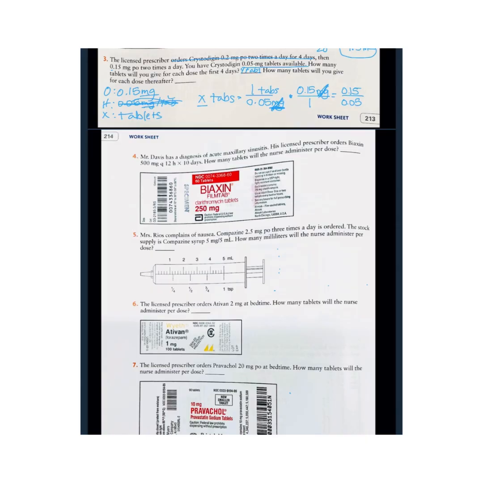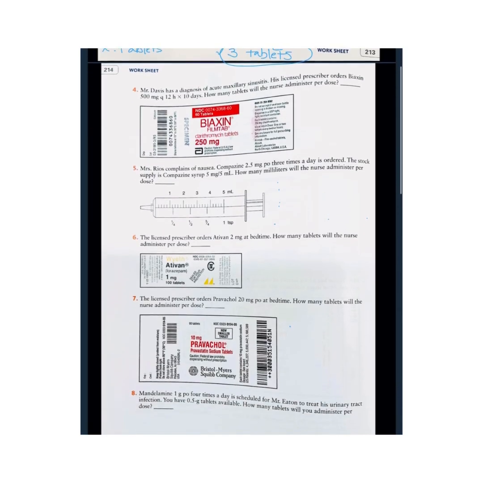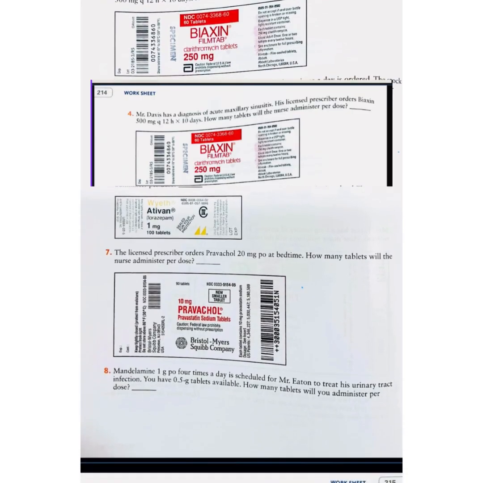Cross cancel. I'm left with tabs only. And then when I divide that out, I end up with 3 tabs or tablets. 3 tabs. What my order is, what I have on hand, what I need to end up with, what unit of measure.